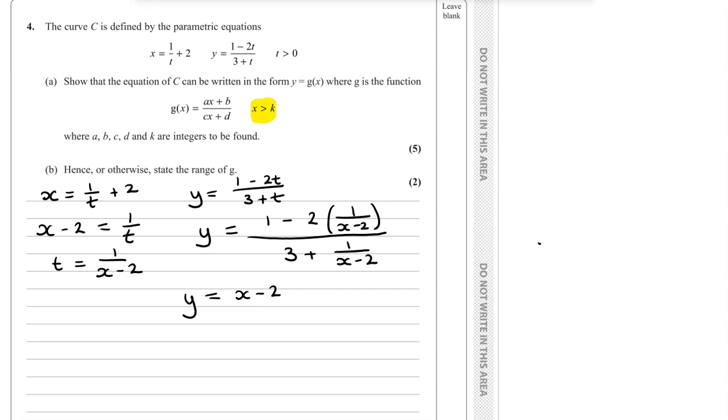And then if I multiply 1 over x minus 2 by x minus 2, it's just going to cancel down to 1. So I've just got that minus 2 on the outside there. And then I'm also going to multiply the denominator by x minus 2. So I'm going to do 3 times x minus 2. And when I multiply that fraction of 1 over x minus 2 by x minus 2, that's just going to leave me with the 1.